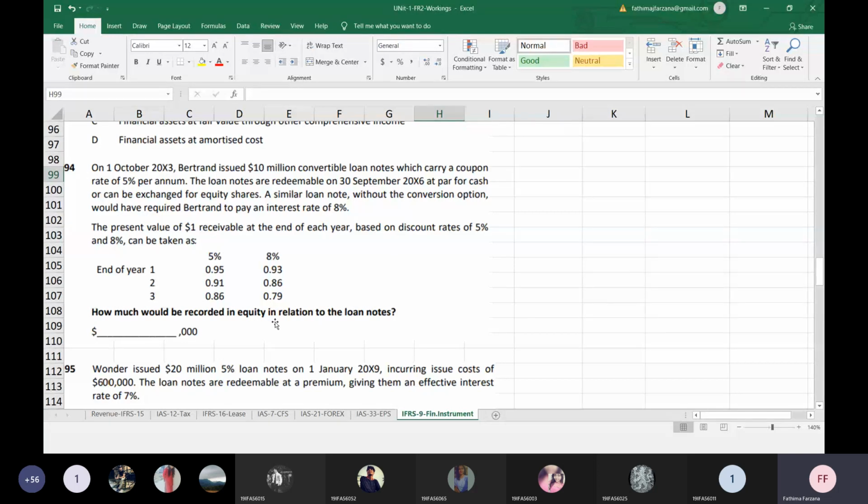So I have to find how much is equity. Let me go one after the other. The first one, this is the end of the year, right? End of year 1, 2, 3 and so on, because here it is issued in 2003 and redeemed in 2006. Let me put the columns, it will be easy. So years, then cash flow.